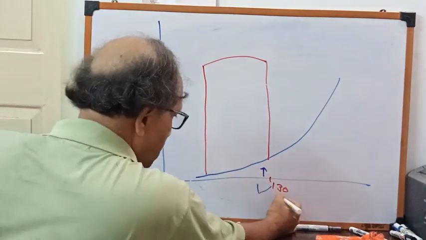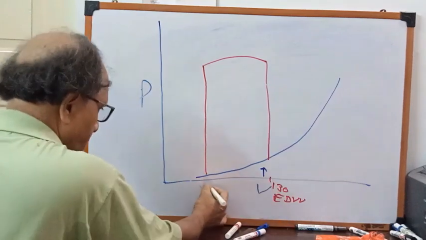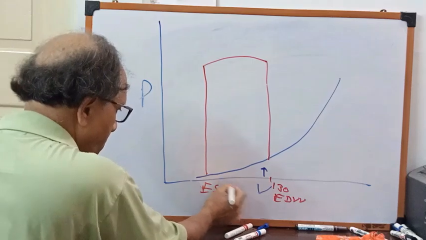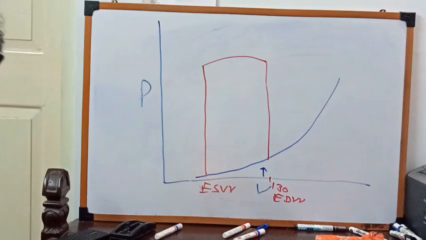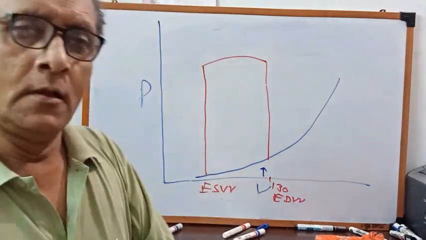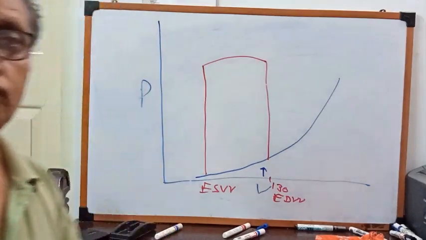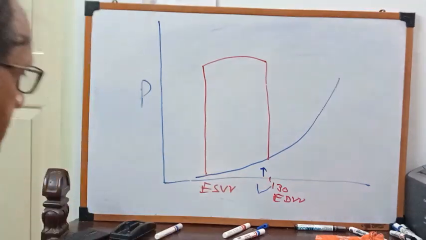So this is EDV, and this is ESV, or around 60 ml. So this picture is known as the pressure volume loop.